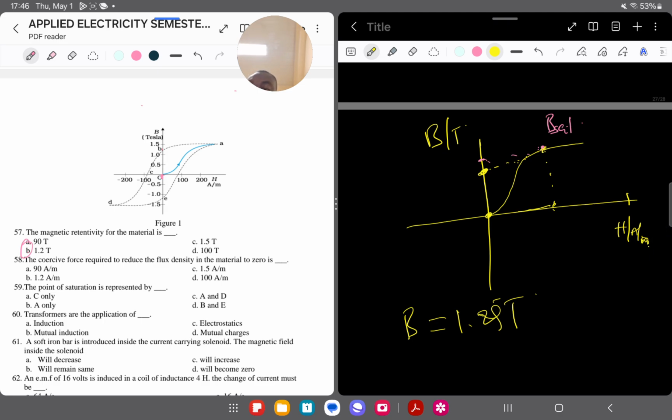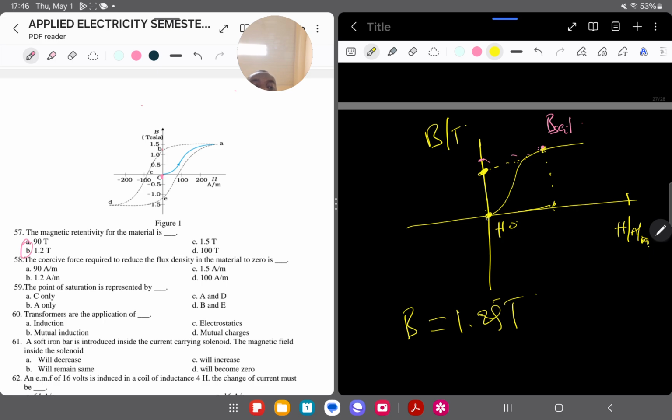Now, question 58. The coercive force required to reduce the flux density in the material to 0. Right? So you can see with this here, the magnetic field strength H here is 0, but we still have some amount of magnetic flux density in the material.